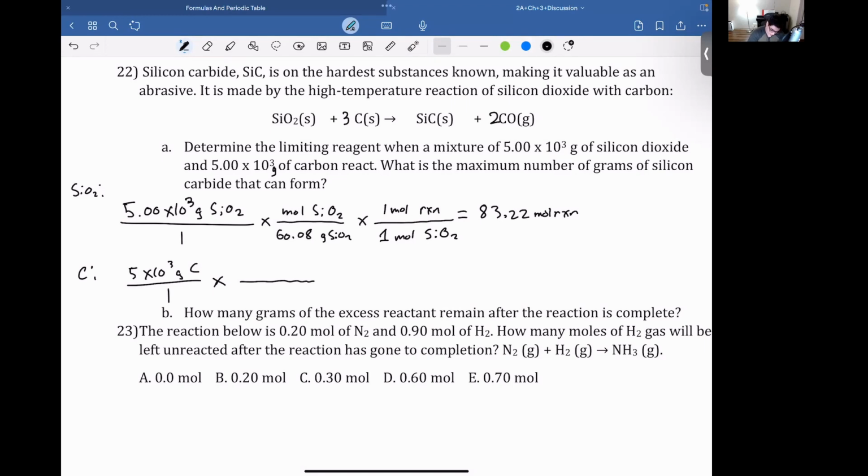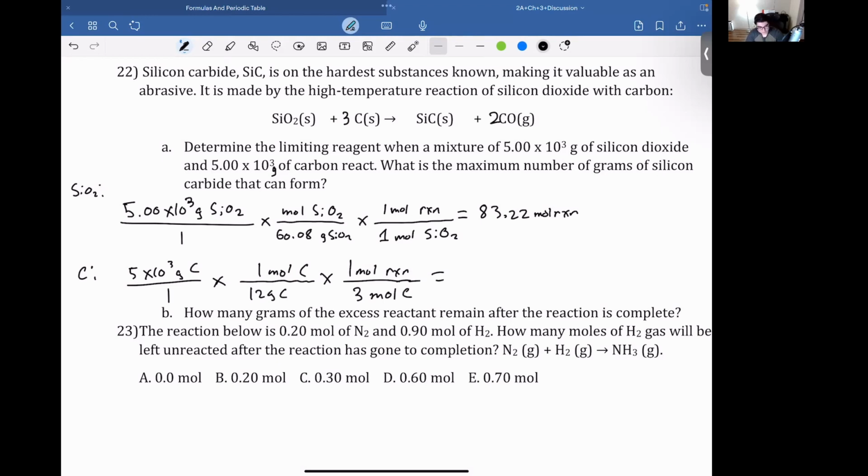So first we convert to moles. Again, there's 12 grams per 1 mole for carbon. Then for the reaction, you get 1 mole of reaction for every 3 moles of carbon. This is why it's important to balance, and that's why it's a good thing we checked it before.